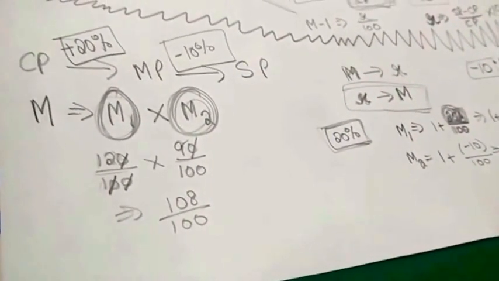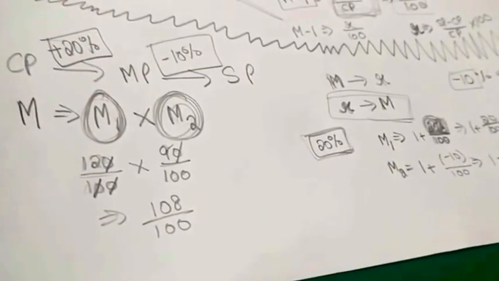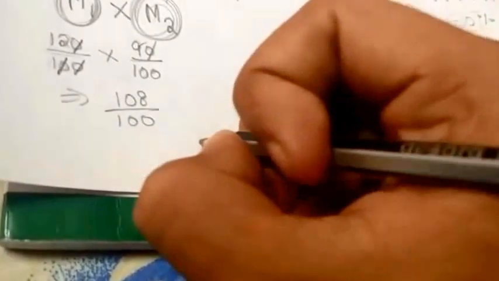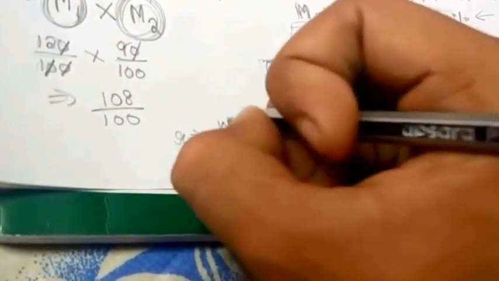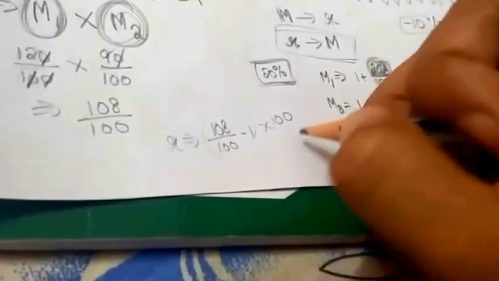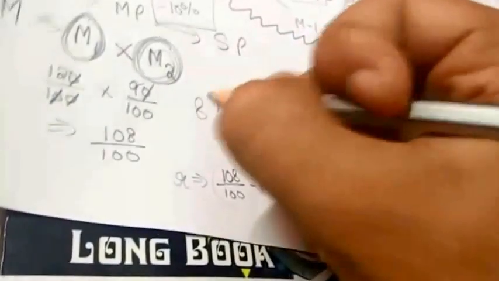And now from this profit multiplier, we can have that R percent that will tell us the profit percentage. So here we'll have that R as 108 by 100 minus 1, and this whole multiplied by 100. So we would have that R percent, that final profit percentage, as 8%.